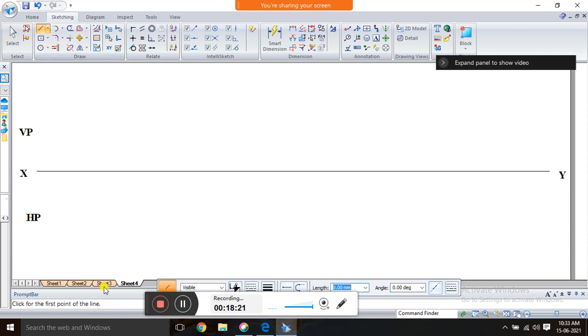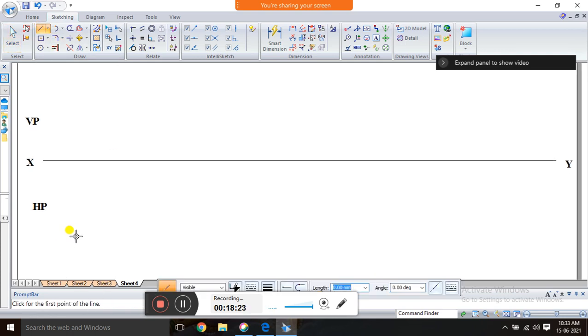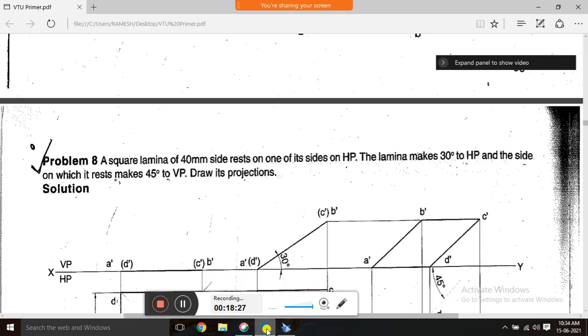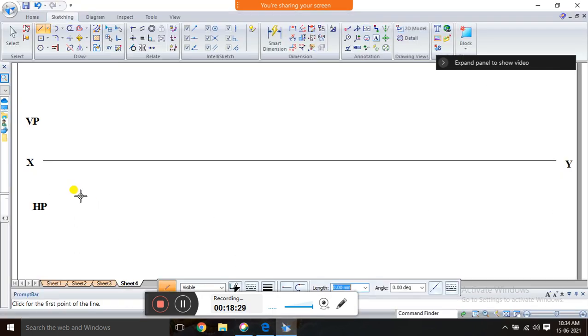First you have to construct a square. Square means it's an edge condition, so on the left side you write a square of 40 mm. Draw a vertical line of 40 mm and place it. Since the inside angle of a square is 90 degrees, meaning the sides are perpendicular, take 90 degrees from the protractor and again 40 mm.